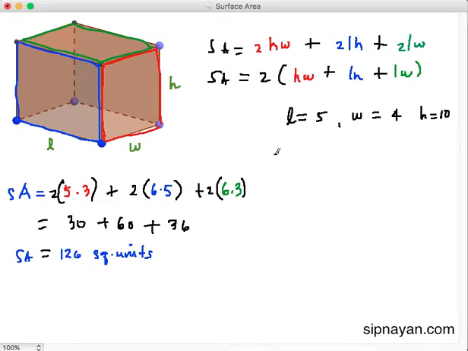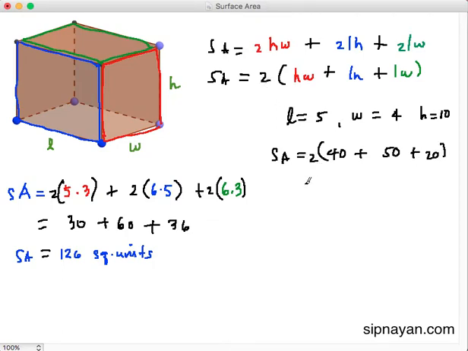So, surface area is equal to, gusto nyo muna ito? So, we have height times width, that's 4 times 10, that's 40, plus length times height, that's 50, plus length times width, that's 20. And then we multiply this by 2.